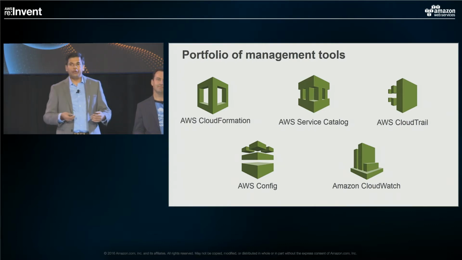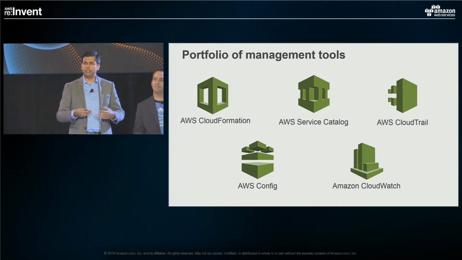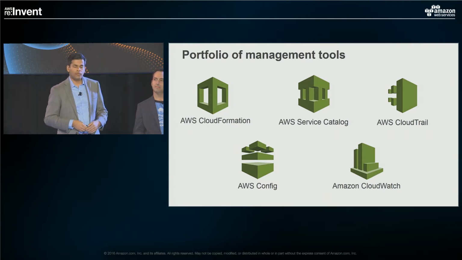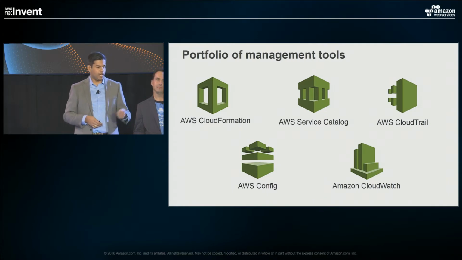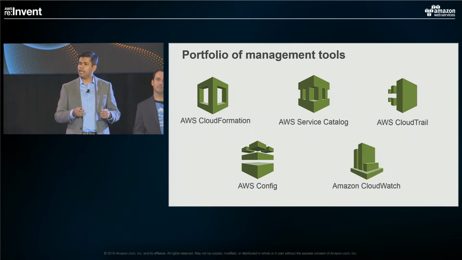So I've been talking about management tools. So what are the services we are going to walk through today? AWS CloudFormation, AWS Service Catalog, AWS CloudTrail, AWS Config, and Amazon CloudWatch. These are the services I'm going to be talking about today.